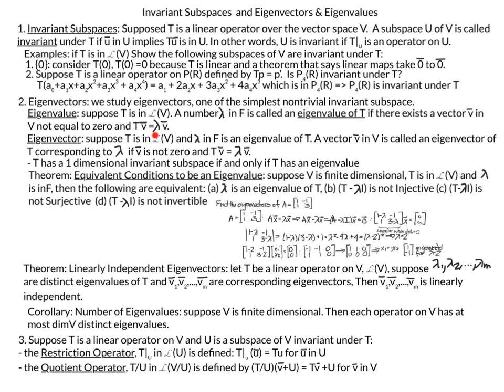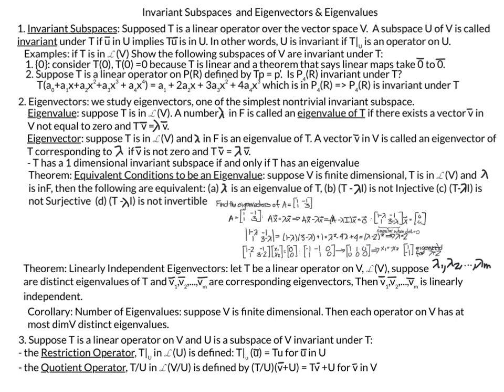Suppose T is in the set of linear transformations and lambda is in F and it's an eigenvalue of T, then the vector v in the vector space V is called an eigenvector of T corresponding to the eigenvalue lambda if v is not 0 and T of v is equal to lambda v. We have this theorem which gives us equivalent conditions to be an eigenvalue. Suppose V is finite dimensional and T is a linear operator over V, and lambda is in F, then the following are equivalent.